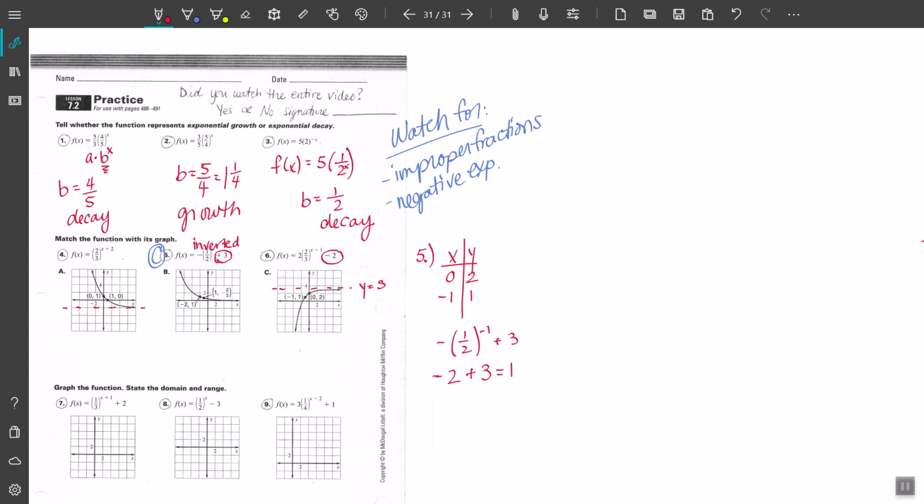So that lets us know that A is most likely matched with number 6. But once again, we can come out and do a table for number 6. And if we plug 1 in there, we will get 0 out for y, and 0 in for x will give us 1 out for y.